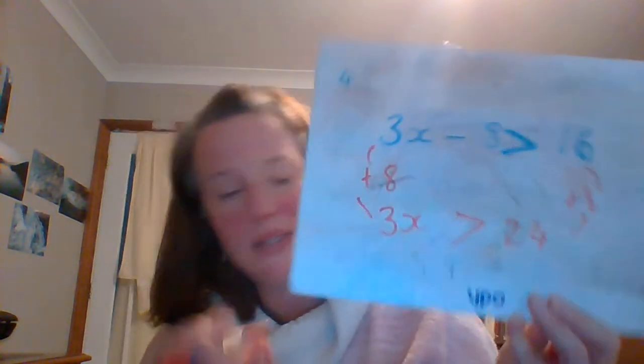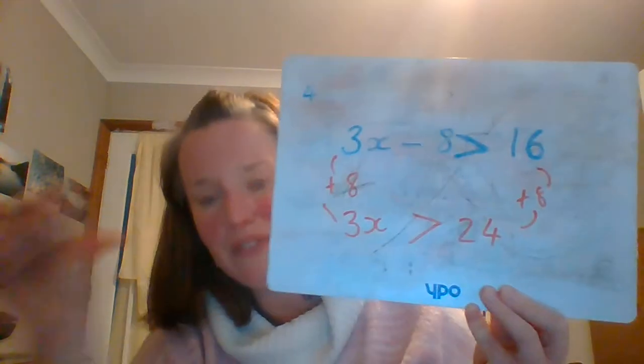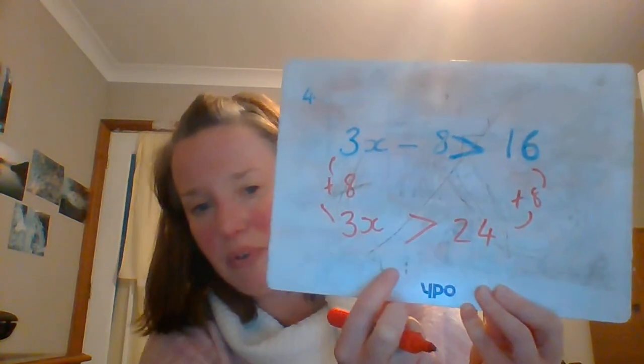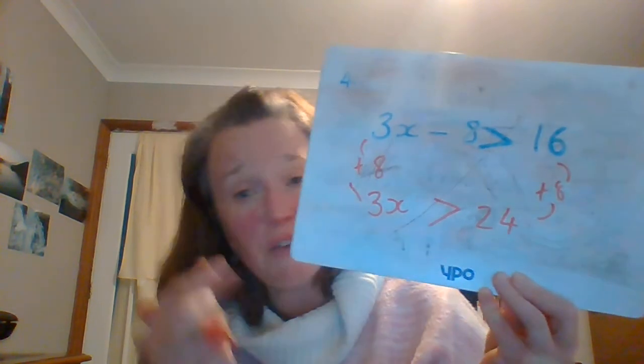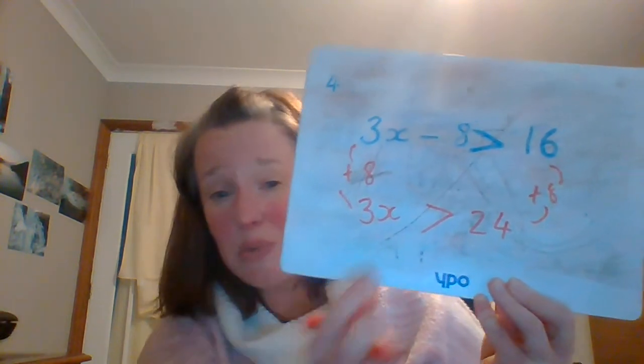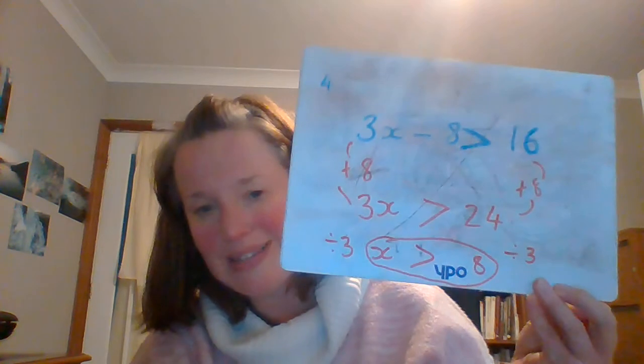Remember, to both sides, because it's a negative 8, we have to add it on, and both sides mean that we've got 3x is greater than 24, and then we're just going to divide those by 3, because we want to be left with 1x. So we're going to have just x, so we're dividing by 3 this side, which leaves us with x is greater than 24 this side, divided by 3 is 8. Okay, so the answer for that question is x is greater than 8.